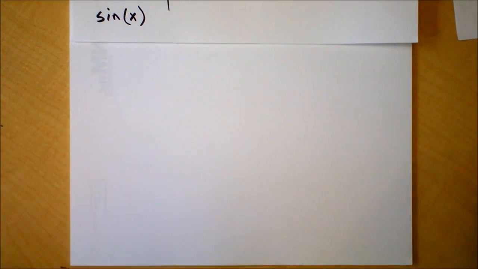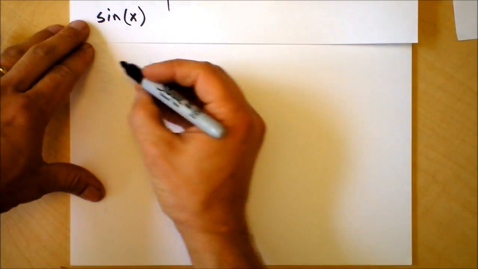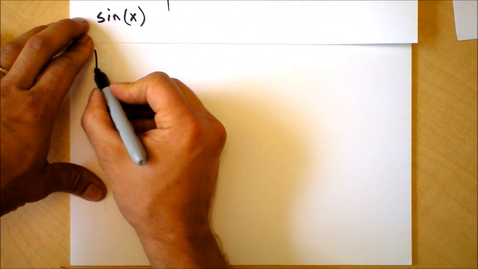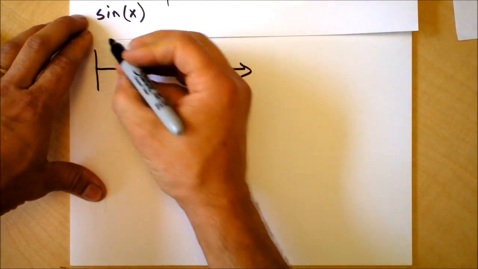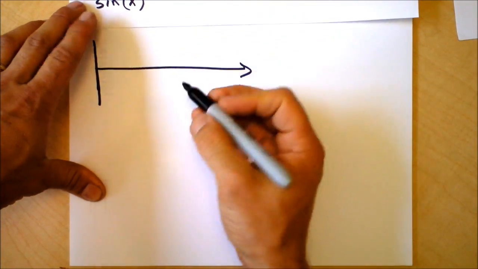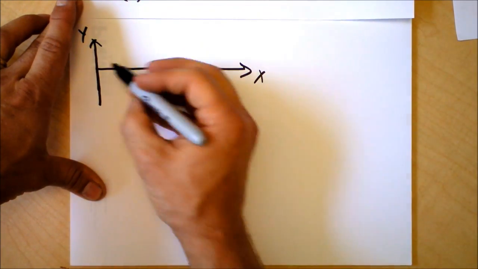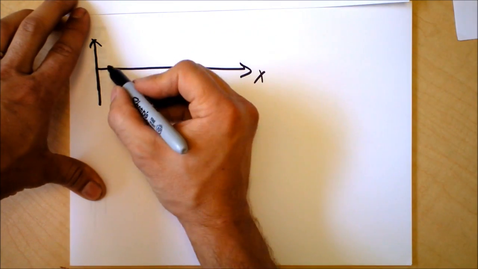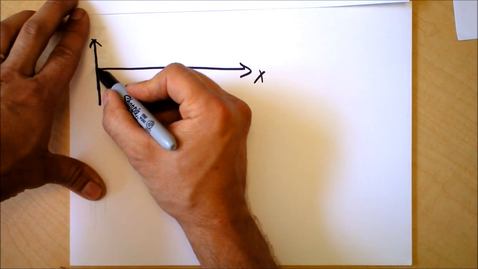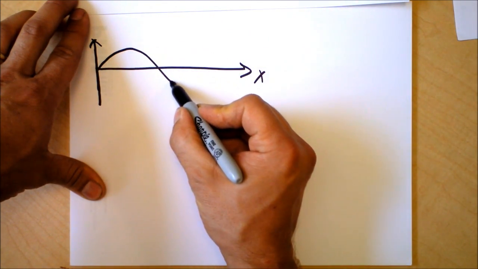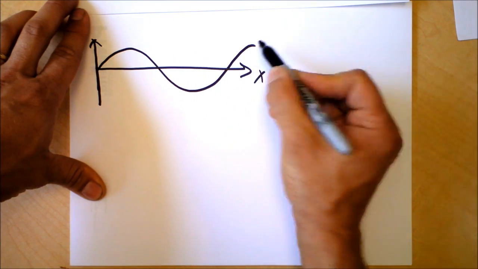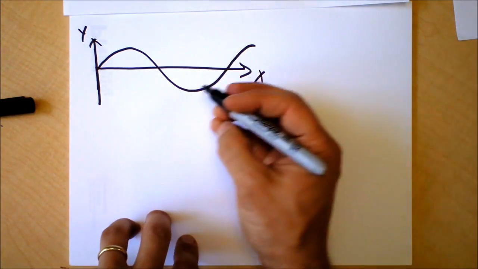So I'll draw the sine function so we can see what this sucker is doing and try to find its derivative. If this is y and that is x, the sine of x starts at 0, 0, comes up, goes down, goes up again, and does that forever and ever.